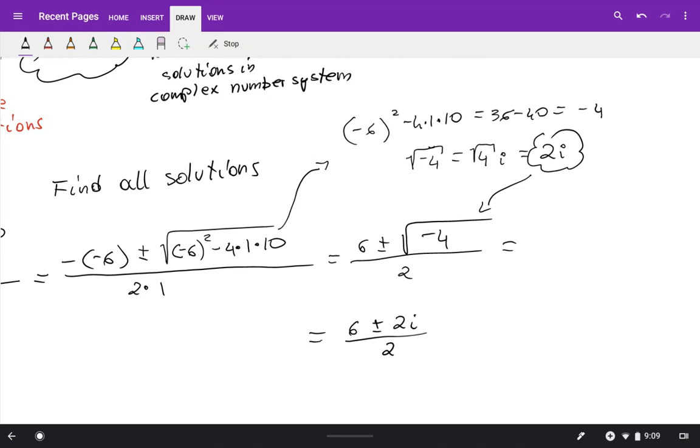And now I'm going to break this down. This is the same as 6 over 2 plus minus 2i divided by 2. And we're getting 3 plus minus i.